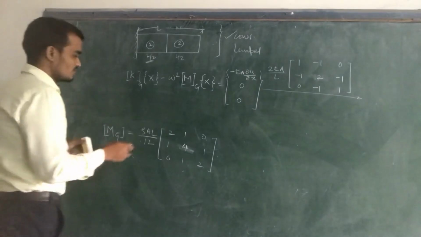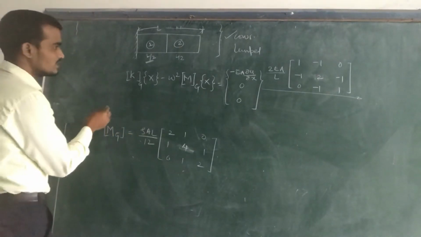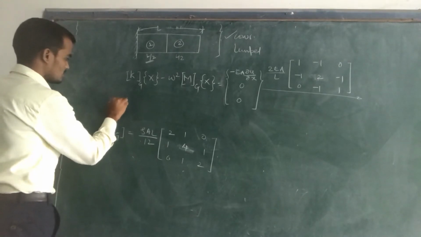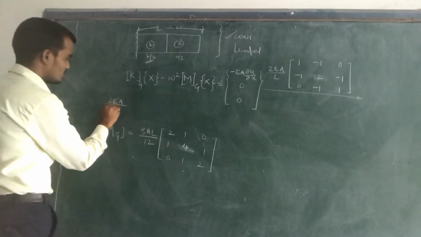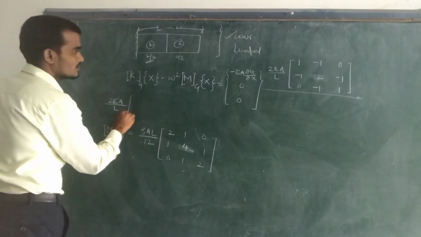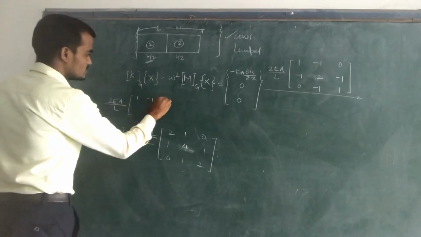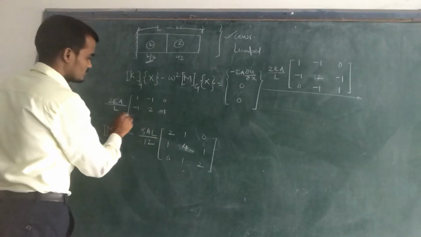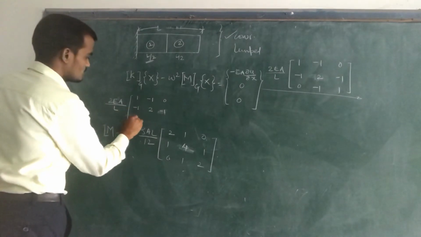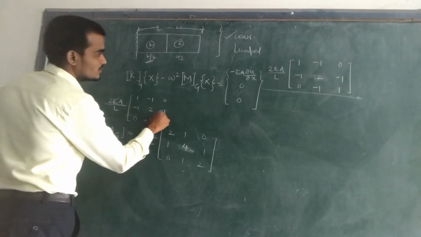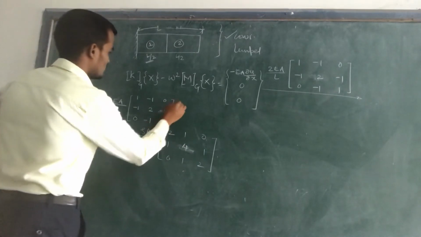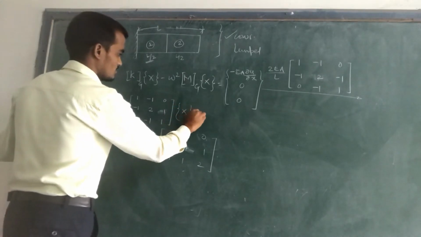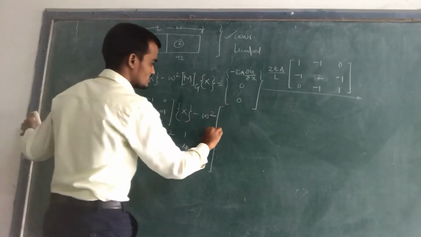Okay, so if we write down these matrices here, then we will get 2 times EA divided by L in bracket 1 minus 1 0, minus 1 2 minus 1, 0 minus 1 1, times x, minus omega square into this mass matrix.